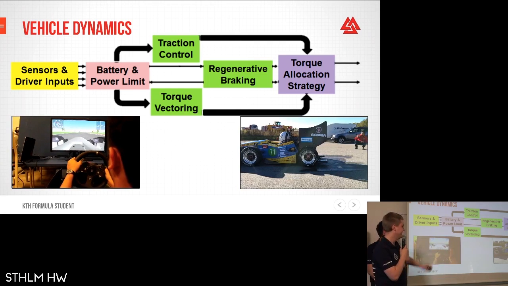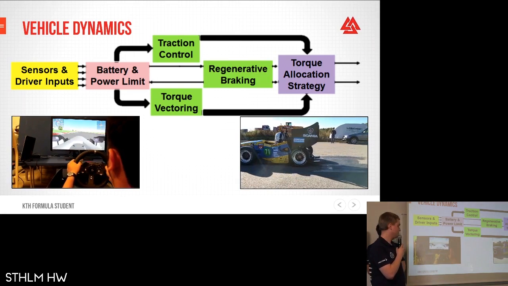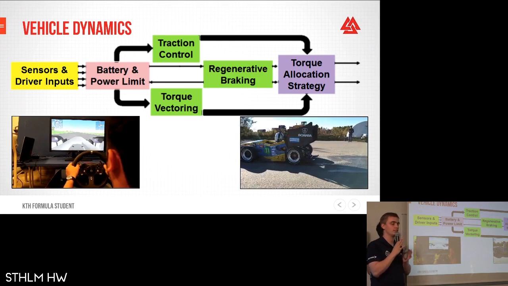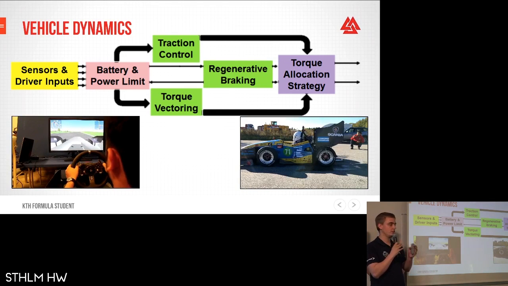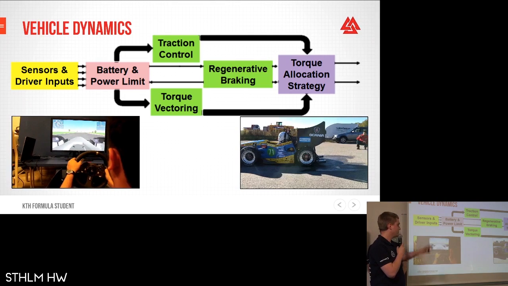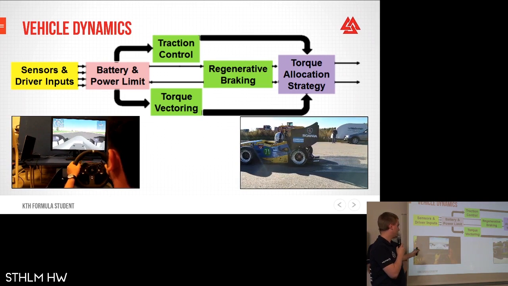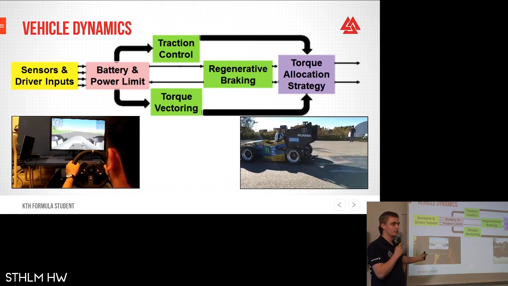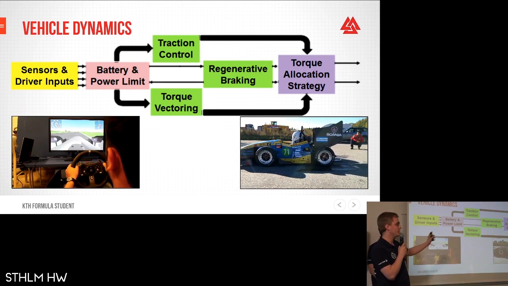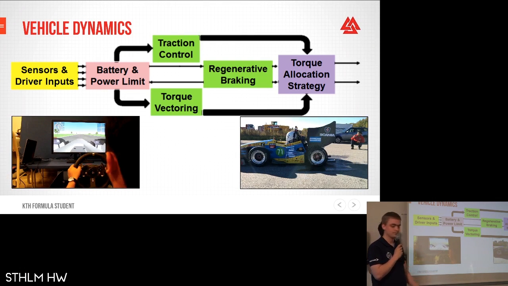And torque vectoring is for the electrical differential. And then they put this on a simulator that we have in the garage, and then we can just in a few minutes put it on the car and test it.